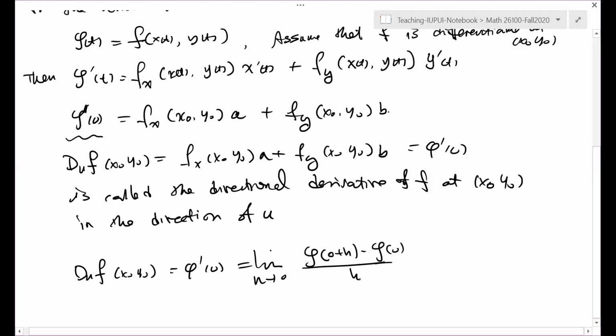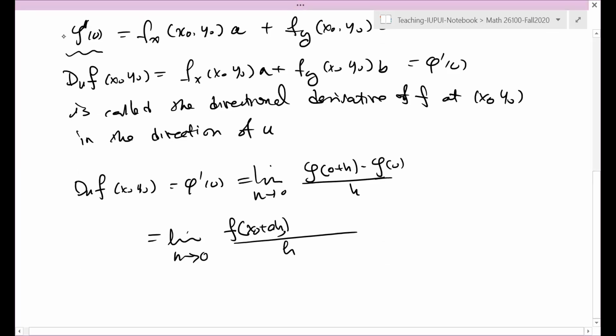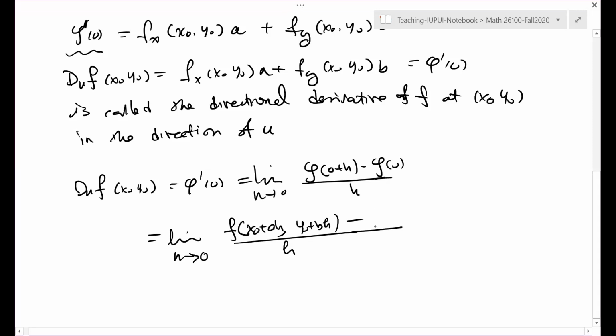When you look at our definition of phi of t, this is nothing but f of x naught plus ah, y naught plus bh, and the second one is f of x naught, y naught. So that's the limit, okay?